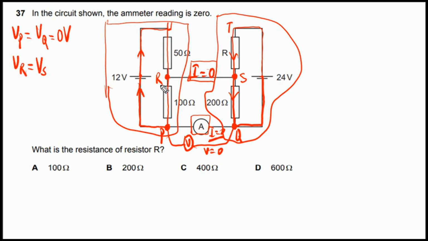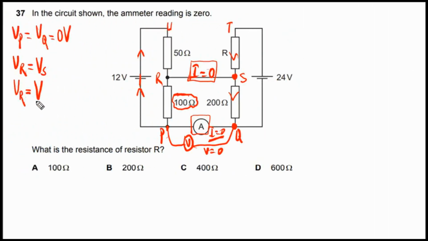Now, the next question is how we can find out the potential at point R. In order to find it, we can simply write down that the potential at point R is equal to the potential difference across this 100 ohm resistor. Let me clean first of all.